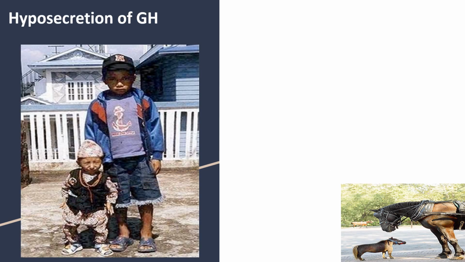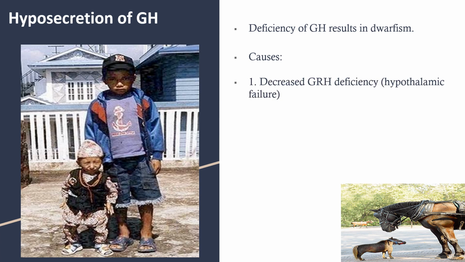Hyposecretion of the growth hormone, deficiency of the growth hormone, results in dwarfism. So this may occur due to various causes.